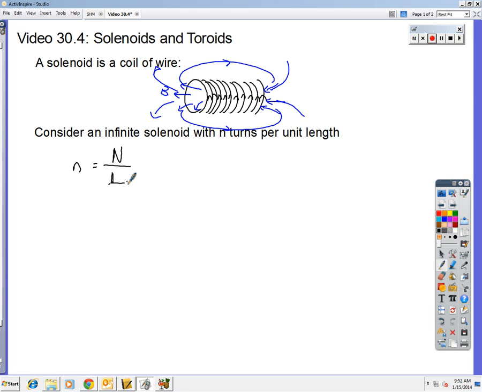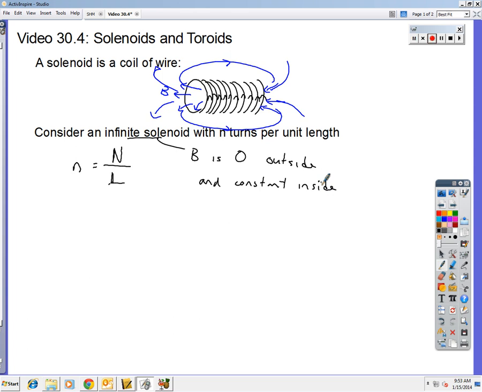If the solenoid is infinite, none of these lines that loop around the outside actually make it back. So when we have an infinite solenoid, the magnetic field is 0 outside the solenoid, and it's constant, or uniform rather, inside the solenoid.